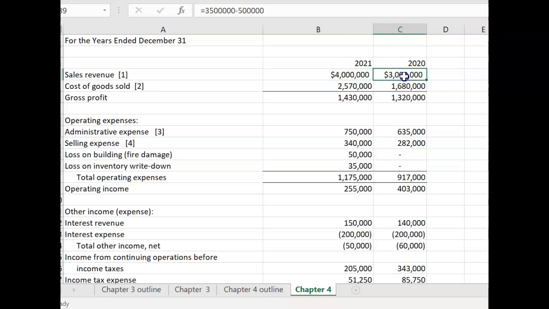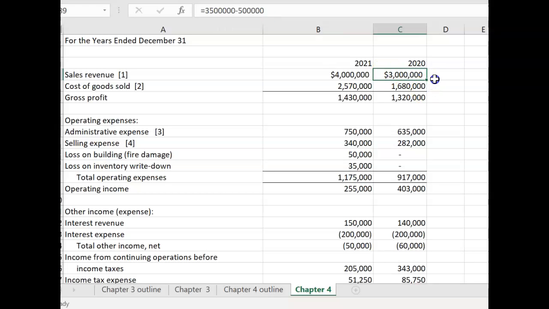We'll go to 2020 and we will do the same calculation. The first set of income statement accounts has the total revenue of $3.5 million, and the component unit, which was not up for sale till 2021, but for comparative purposes, had revenue in 2020 of $500,000.